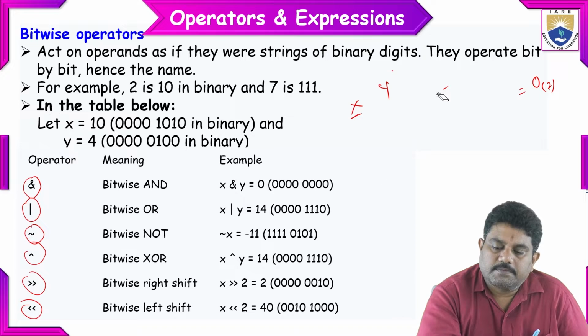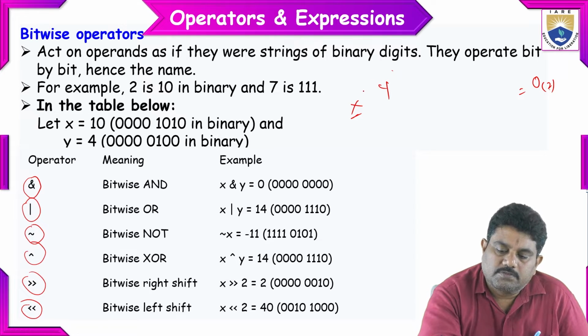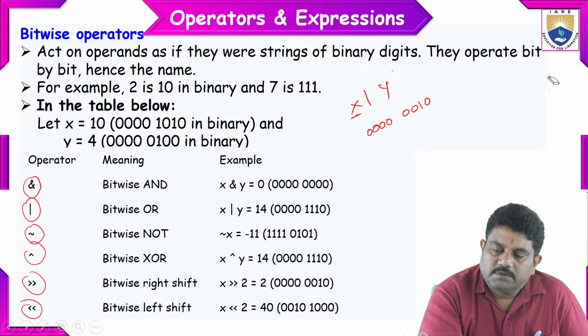X or Y. Like this we can represent. So we take X equal to 2, Y equal to 4. For this I am taking 0 0 0 0 0 0 1 0 or 0 0 0 0 0 1 0 0.